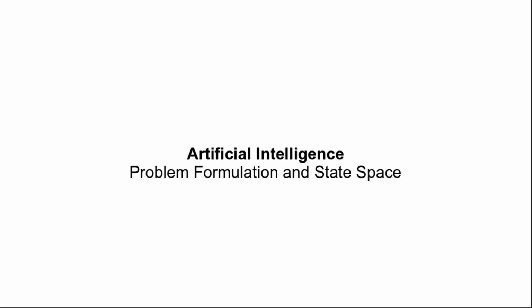So the agent needs to formulate the goal, then it needs to formulate the problem, and then it needs to find the solution by performing search. In today's class, we'll talk about problem formulation and we'll also talk about state space. And in the next class, we'll look at agents which solve problems by search.